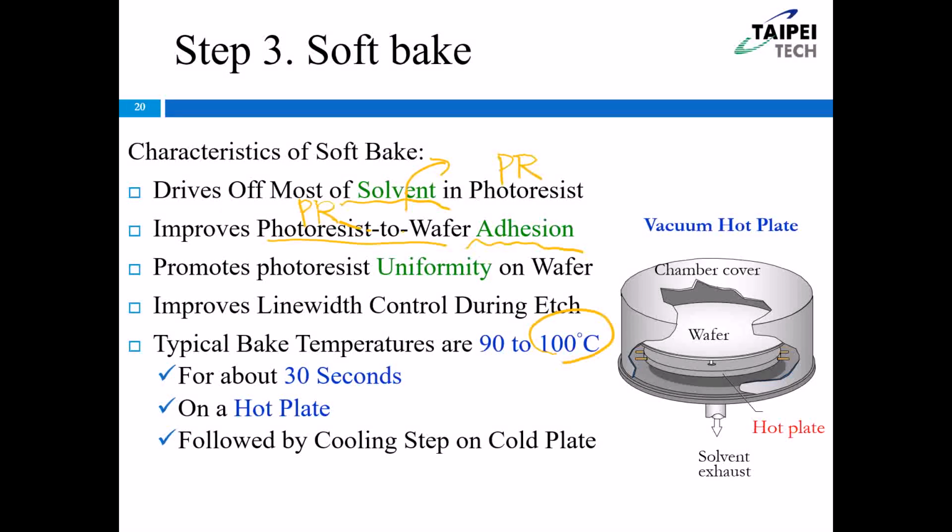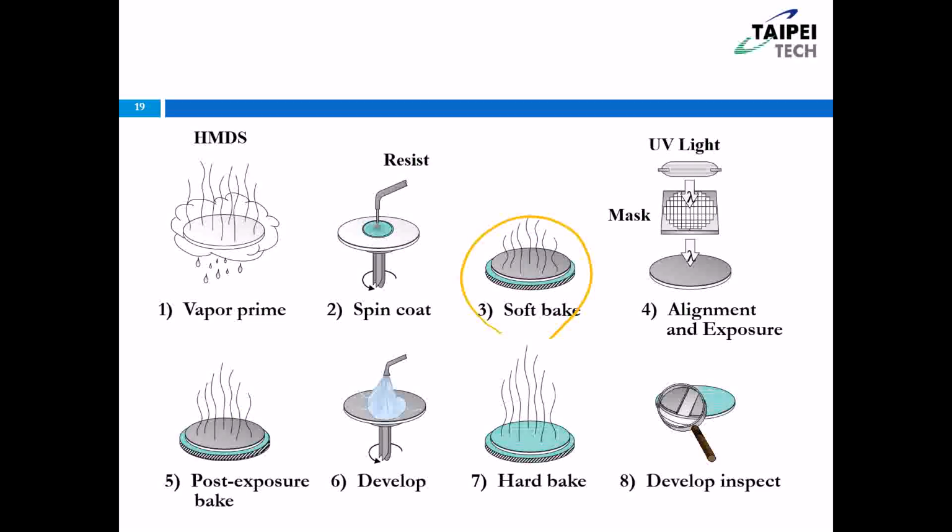So the purpose of the HMDS vapor prime and the purpose of the soft bake are both to improve the adhesion between PR and the wafer. So you know how important the adhesion ability of the PR to the wafer is. Not only the soft bake, but also the HMDS vapor prime, we have the same purpose.